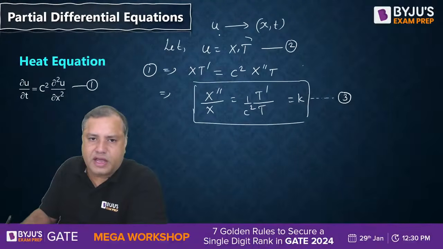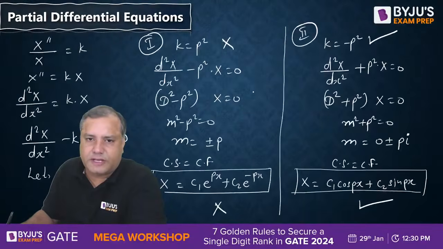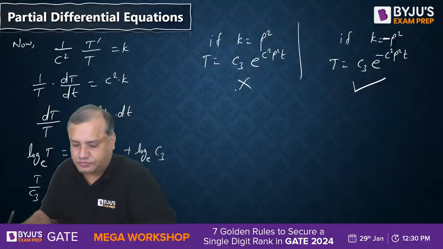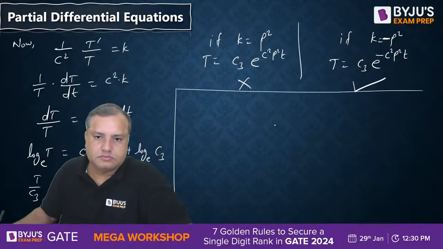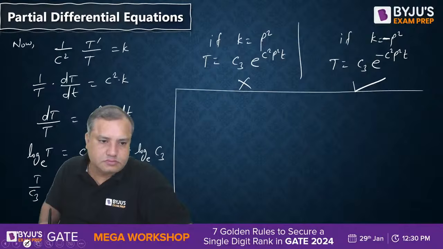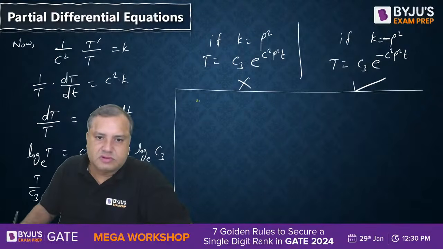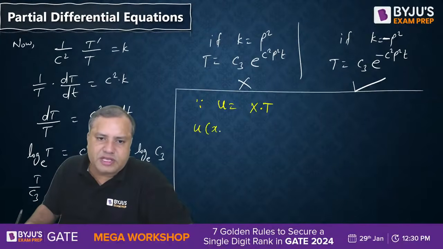We know that u equal to X into T. U is nothing but a function of x and t.